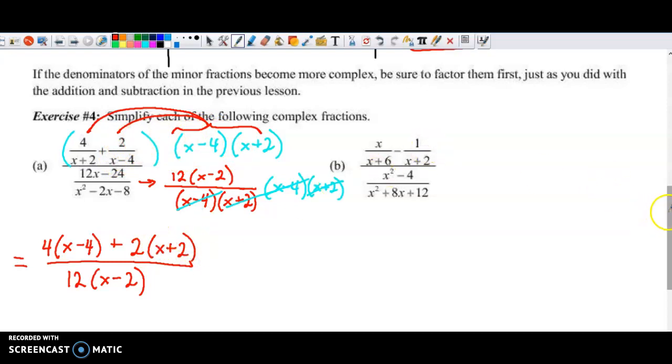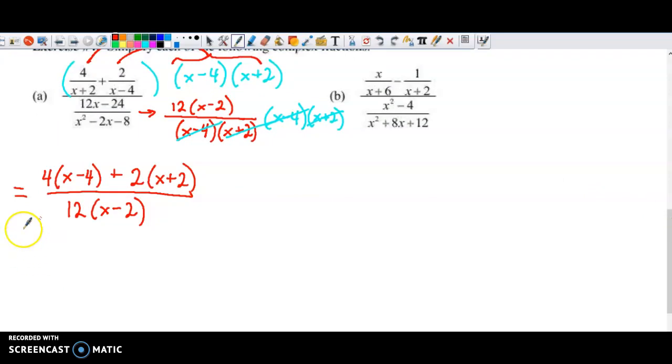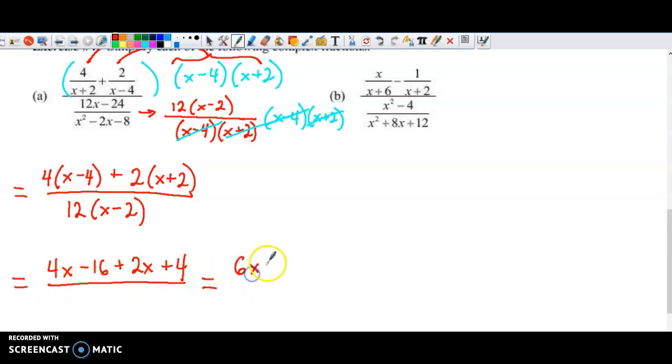So what I would do is see if I could simplify anything on top. I have 4x minus 16 plus 2x plus 4, and combining like terms on top, I have 6x, what's that, minus 12?